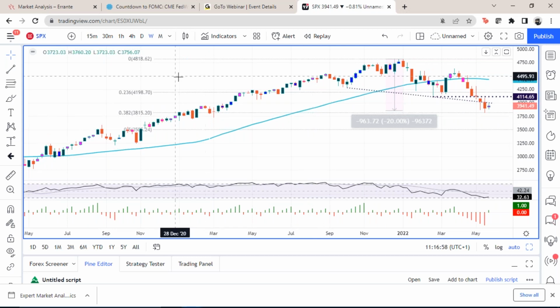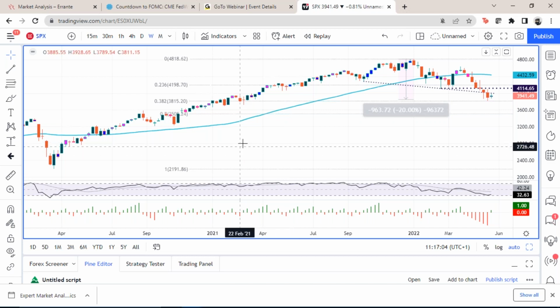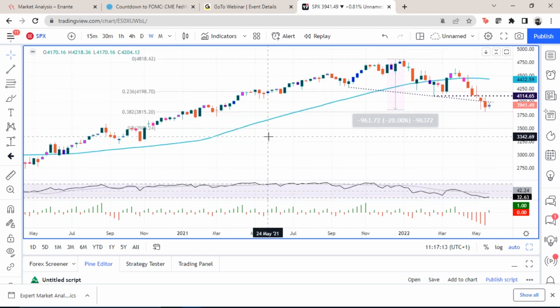Below that then we have the halfway point of that move, so halfway between the highs and the pandemic low, around 3505. I know a lot of market commentators are speculating that we go towards that level, a key psychological level for markets, potentially if we drop through that 3815 marker.